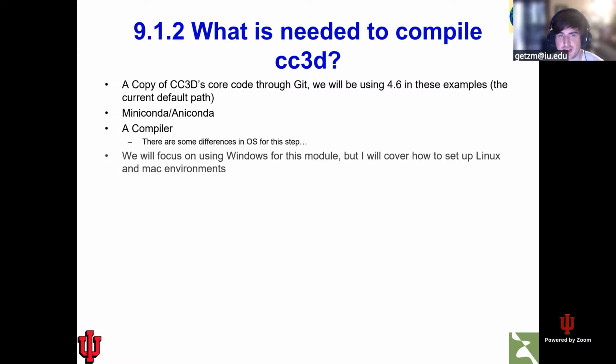I have Miniconda. And then you need some sort of compiler. And of course, there are some major differences for the compilers in the step, mainly between Unix and Windows environments. For this module, again, I will be focusing on Windows because that is what I am using. But I will briefly cover how to set up the Linux and Mac environments.